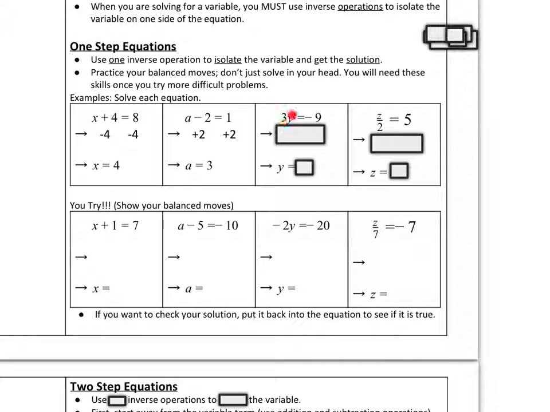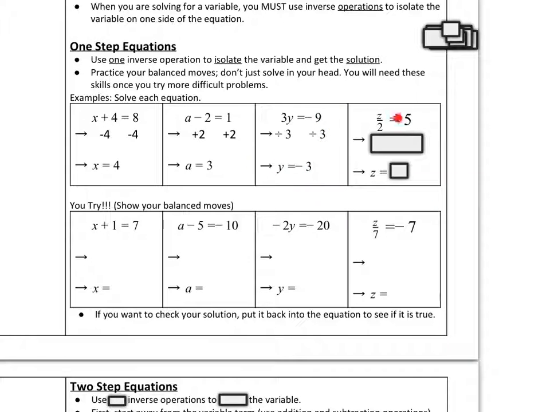So the inverse operation of multiplication is division. So we divide by 3 on both sides, and negative 9 divided by 3 gives us y equals negative 3. 3 divided by 3 is 1, so we just have the y left, and negative 9 divided by 3 is negative 3.